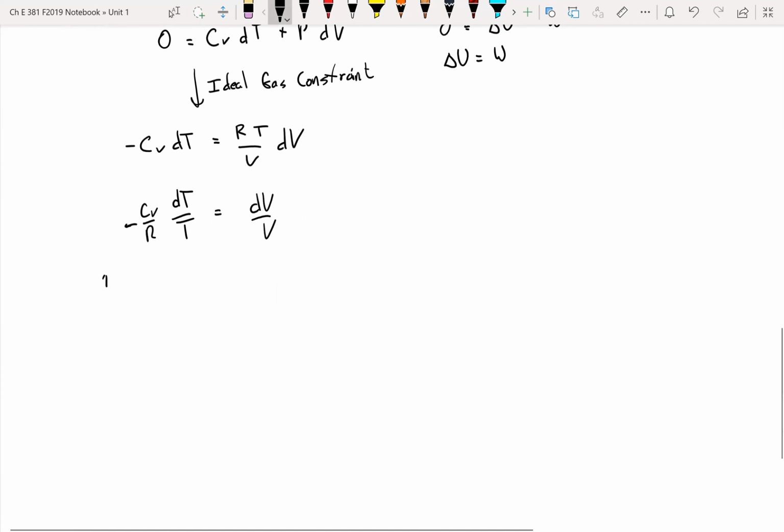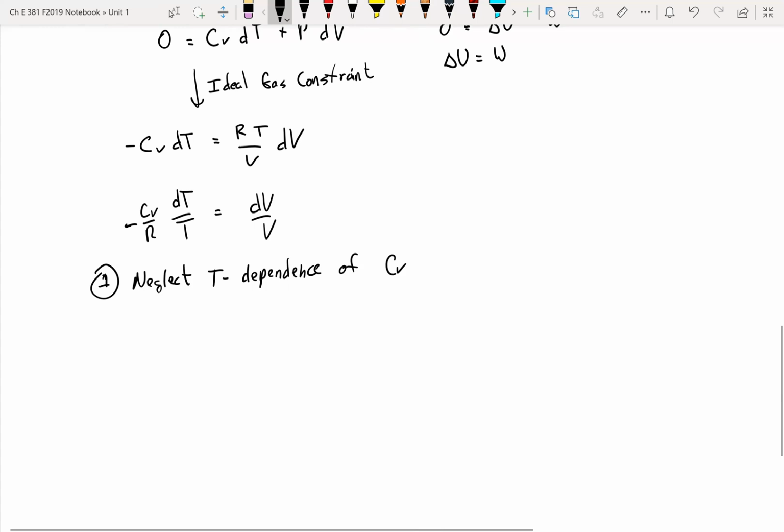So a lot of the equations you may have seen before for adiabatic expansion neglect the temperature dependence of the heat capacity, which can be okay or it can be really not okay. And we'll illustrate that here in a minute.